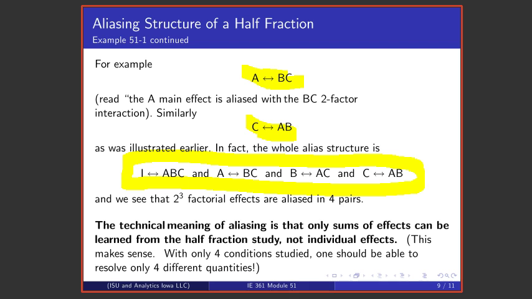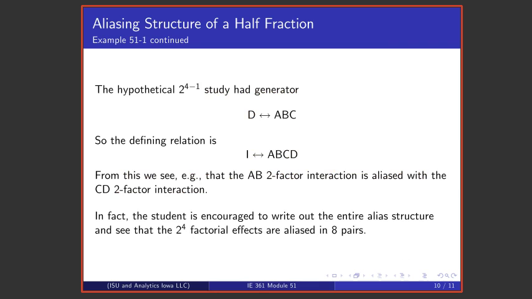And the technical meaning here is that one can't learn the B main effect or the AC two-factor interaction separately. What one can learn is the sum of those things, and that makes some sense. If I've only got 4 out of 8 possible combinations studied, I certainly shouldn't be able to resolve more than 4 different quantities from data taken from such a study.